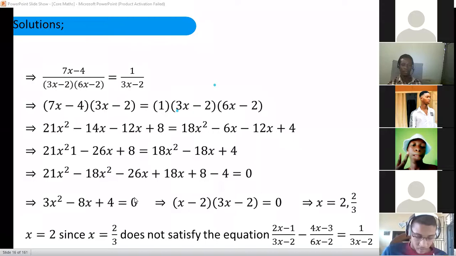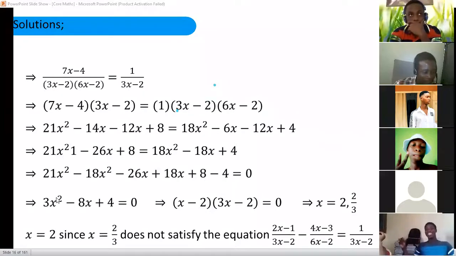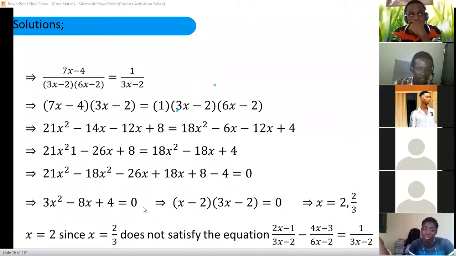Yes, Amu Junu. Sir, yes, it's a quadratic equation. Thank you. It's a quadratic equation.